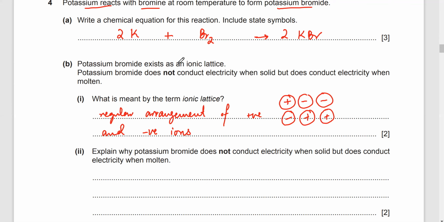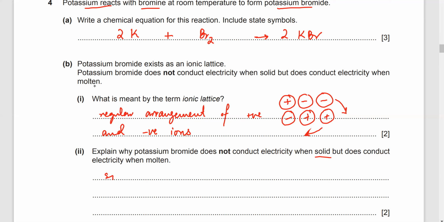It does conduct electricity when molten. In molten state, the ions can move around, sort of slip and slide. Is this clear? Not in solid state. Why does potassium bromide not conduct electricity when solid, but does conduct when molten?